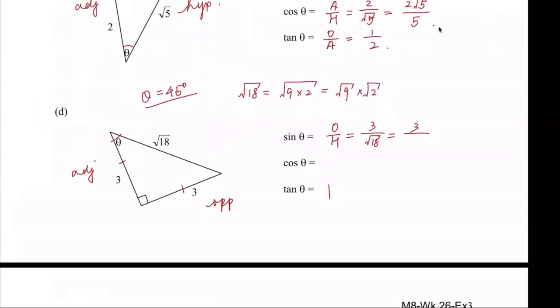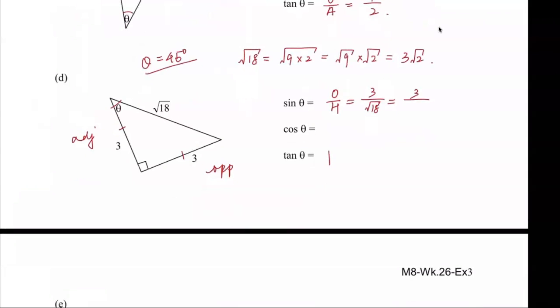Square root of 9 is 3, so square root of 18 is 3 times square root of 2. This is just basic square root properties. I don't know if you've learned this, but it is good to know.